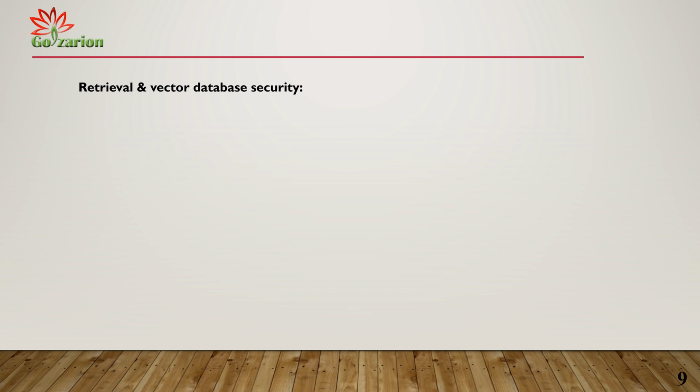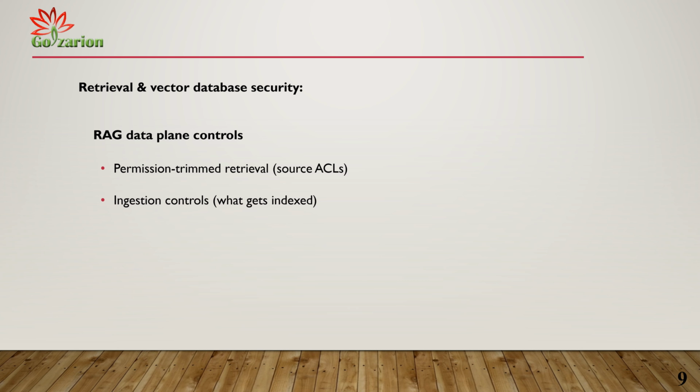Now let's talk about the retrieval and vector database layer, the RAG data plane. This is where many AI apps fail in practice. You need permission-trimmed retrieval. The assistant must only retrieve documents the user is already allowed to access in the source system. You also need ingestion controls.